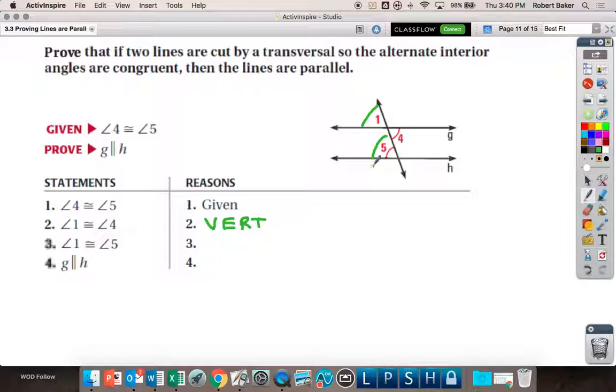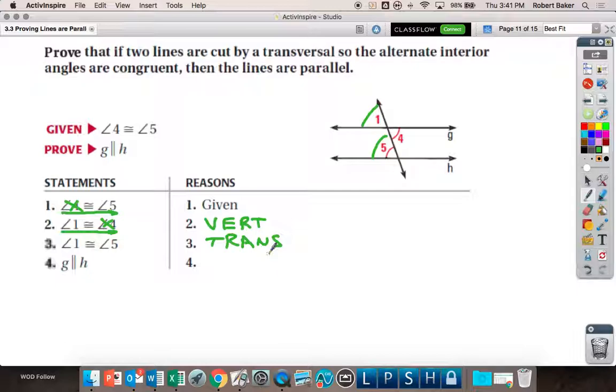If 1 and 4 are congruent, and 4 and 5 are congruent, the transitive property proves that they are congruent. The only way to justify that they are congruent is already knowing the lines are parallel, and that's what we're trying to prove. So this is called the transitive property.